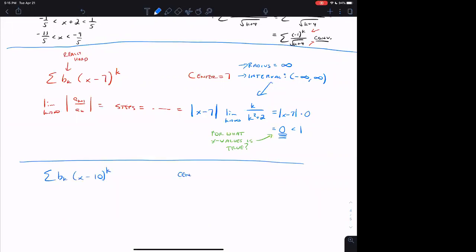And so the center is 10, and you work it out and you do the limit as k approaches infinity of the absolute value of a_(k+1) over a_k equals blah, blah, blah, and then let's say we get the absolute value of x minus 10 times the limit, as k goes to infinity, of 3k to the 4th plus 7 over the square root of k to the 6th minus 1. And so if that's the case, you get infinity. Does that make sense?